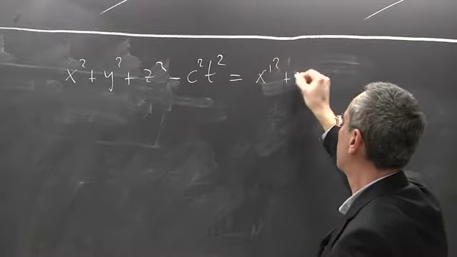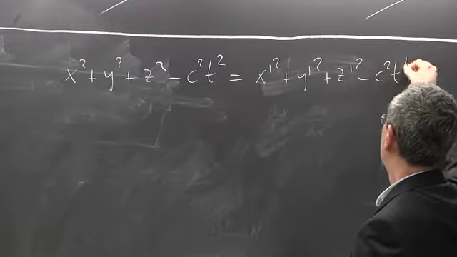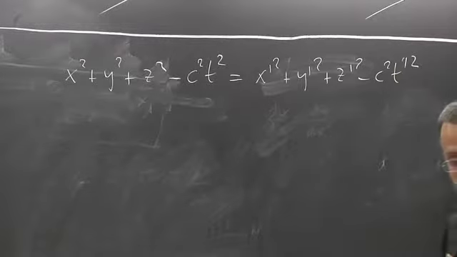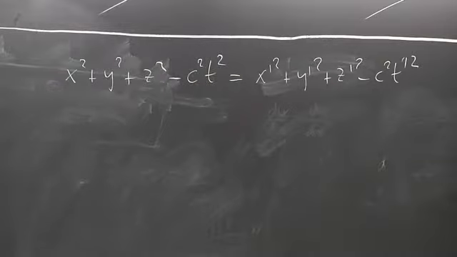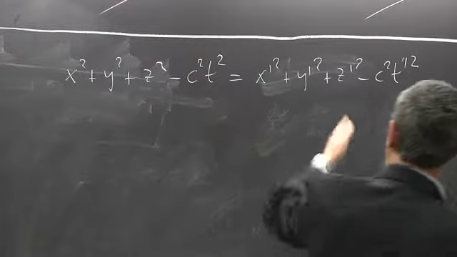So that means the wave front is invariant under this transformation. If this is so, then the wave equations are invariant. So what is the transformation that leaves this invariant?